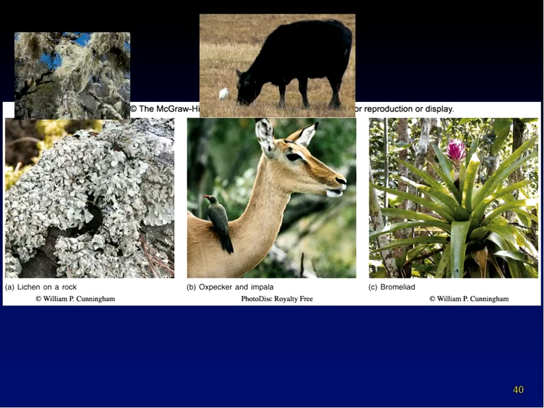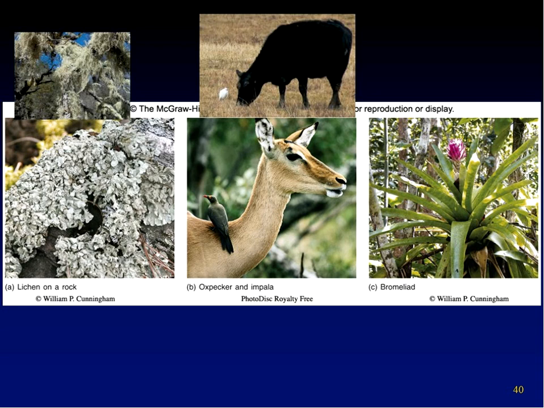Your book gives some other examples of mutualism here. Lichens. Lichens are actually a mutualistic relationship between a fungus and an alga. The fungus digests detritus and nutrients and provides that to the alga, and then the alga is photosynthetic, so it provides sugar to the fungus.